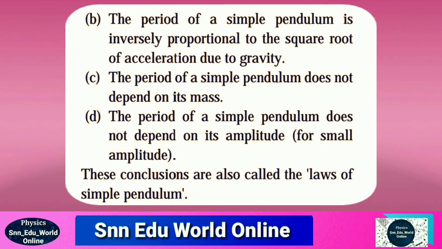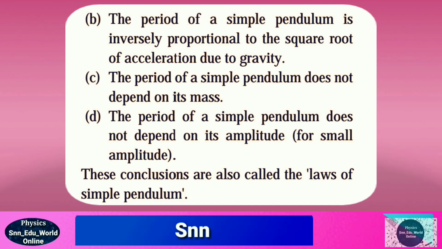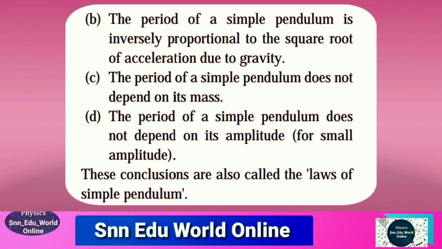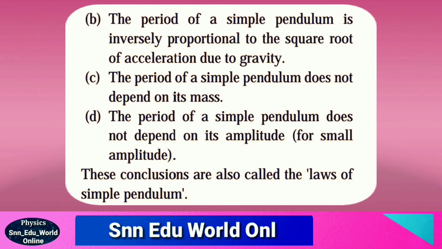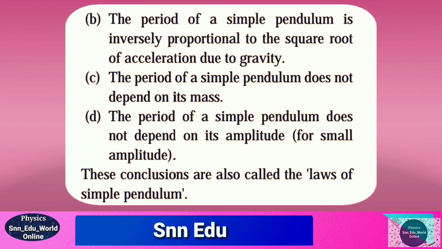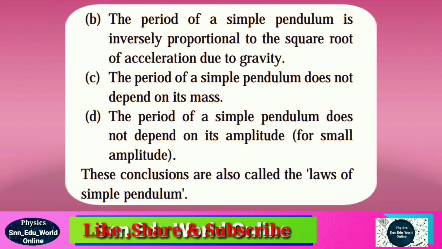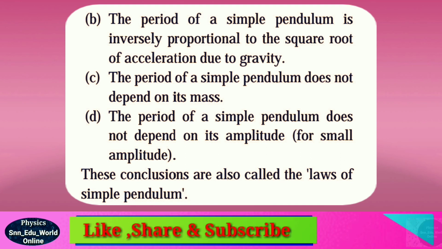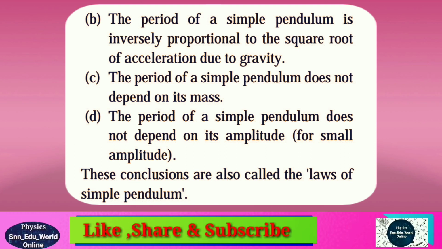Third, the period of a simple pendulum does not depend on its mass. As from the time period formula, there is no mass m, so it is independent of the mass. Last one, the period of a simple pendulum does not depend on its amplitude. We can conclude this from the formula T = 2π√(L/g), as the amplitude is not there.